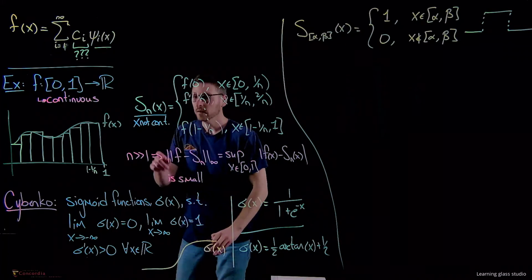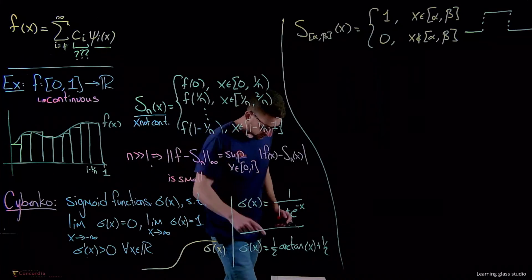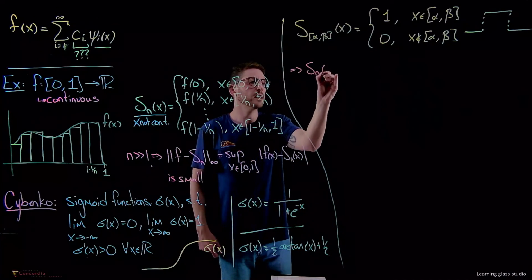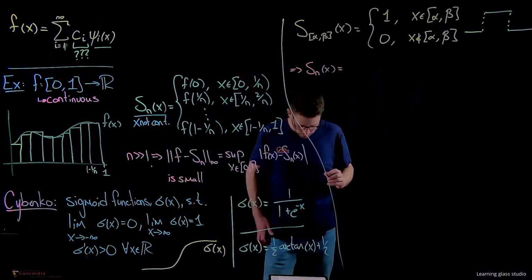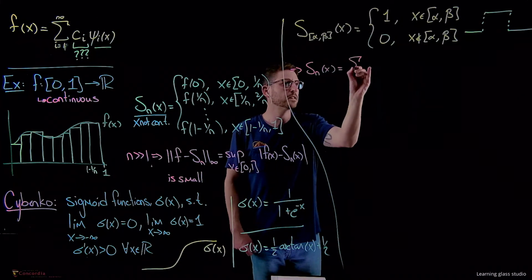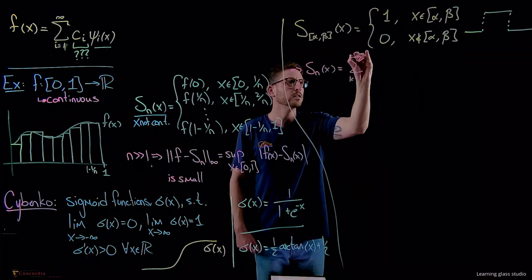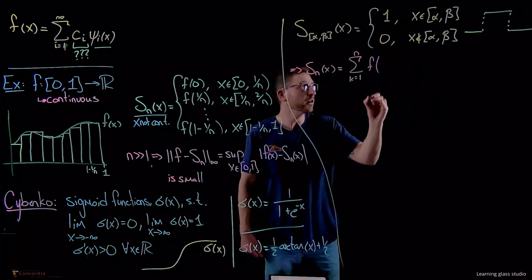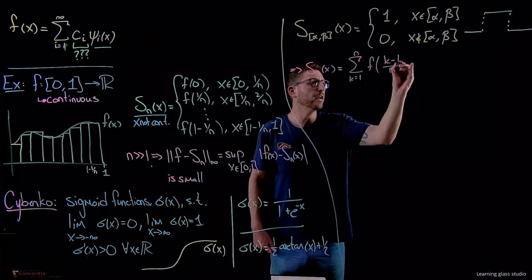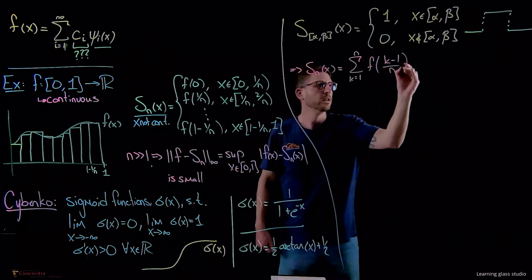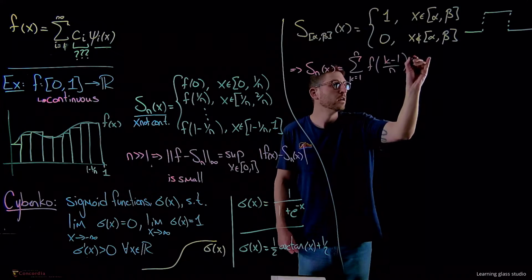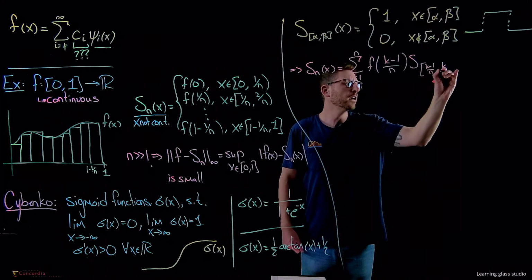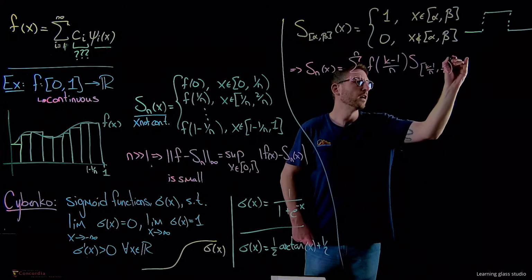And so basically, this function right here tells me that my Sn from before can actually be written like this. It's written as the sum from k equals 1 to n of f of (k minus 1)/n, just because I'm using left endpoints, times the indicator s of x on the interval from (k minus 1)/n to k/n.